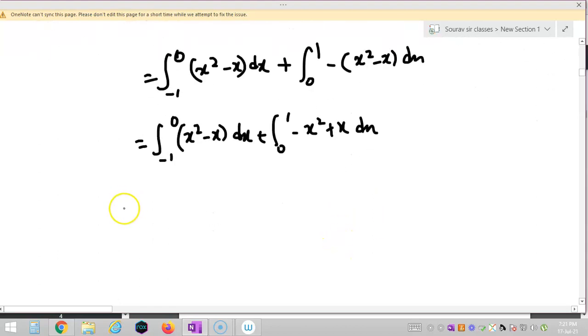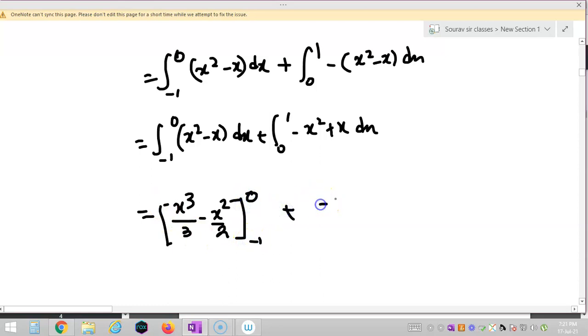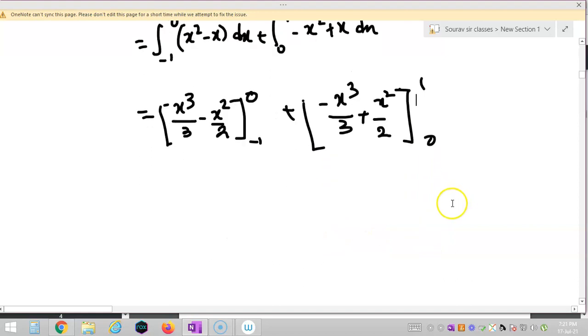So let us find the value of this integration. It will be x cube by 3 minus x square by 2, from -1 to 0, and then minus of x cube by 3 minus x square by 2, with lower limit 0 and upper limit 1. When you put x equal to 0, this quantity is 0.